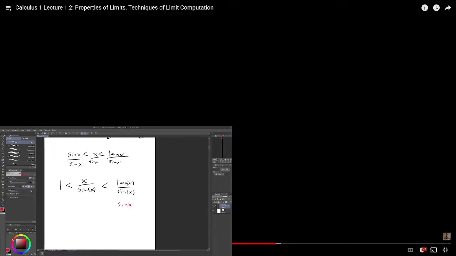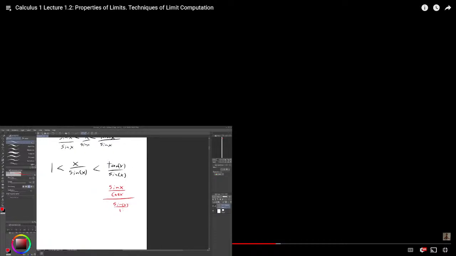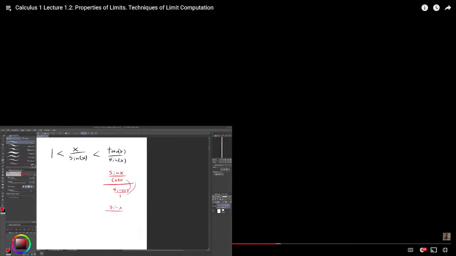Sine over cosine over sine over 1 gives you sine x over sine x cos x.